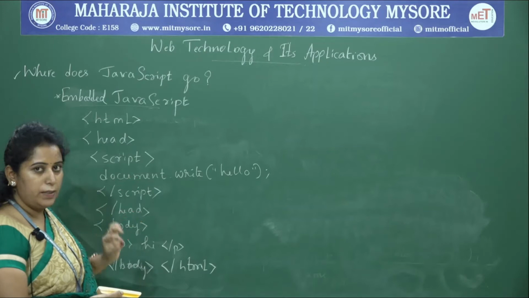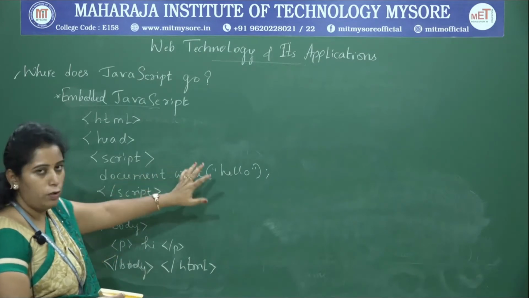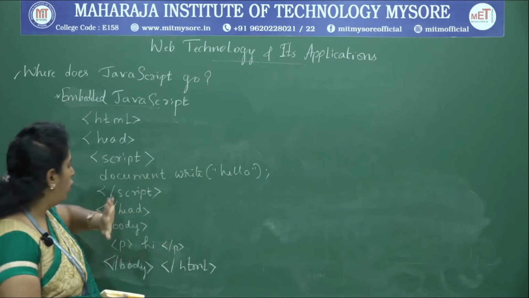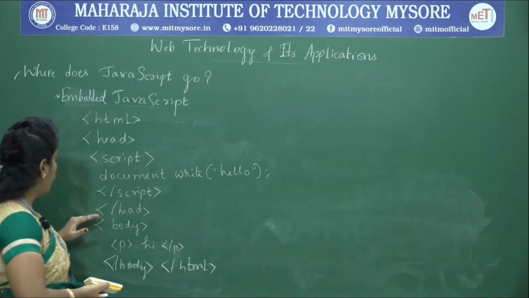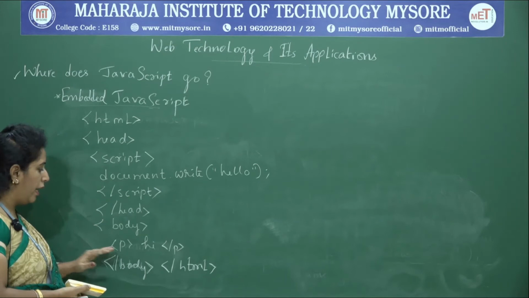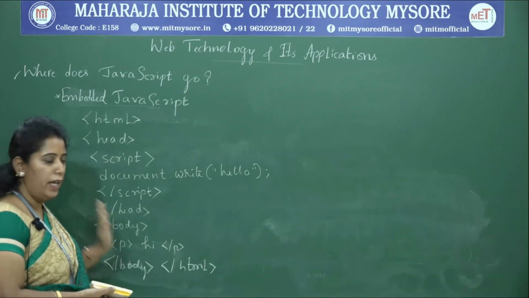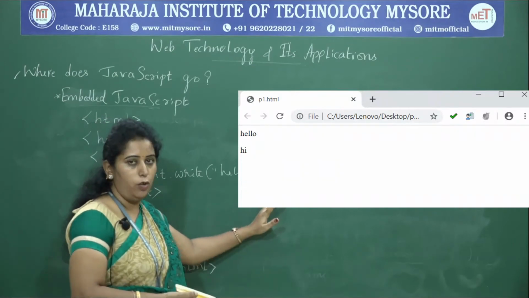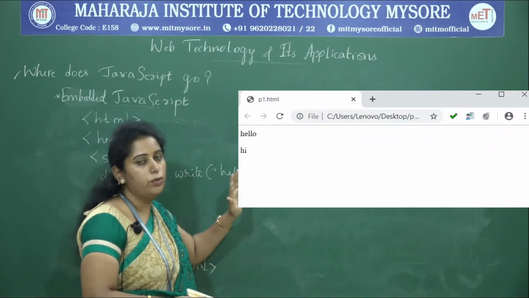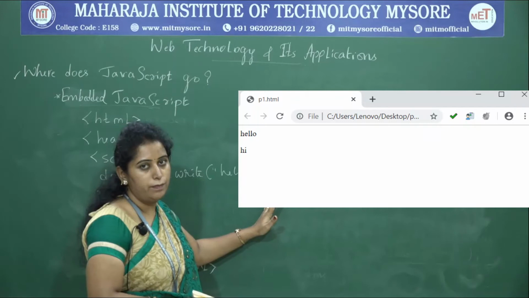I am taking a very simple example to print some hello message on the output screen, so I have used document.write. After closing head, in the body I have given one paragraph saying hi. Once I run this program, you can look into the output, how it is going to print on the screen.